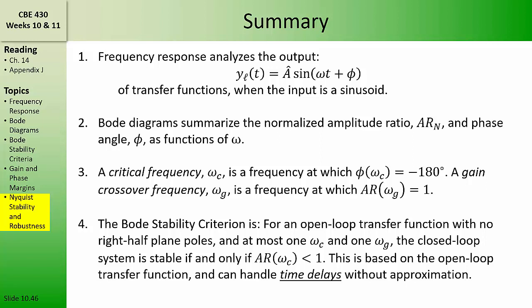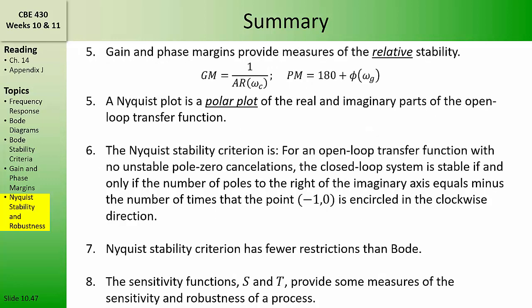This stability criterion is based on the open loop transfer function, and it can handle time delays without any approximation. For processes that have no critical frequency, they cannot be made unstable by changing the gain, which changes the amplitude ratio of the process. We also defined the gain and phase margins, which provide us quantitative measures of the relative stability.